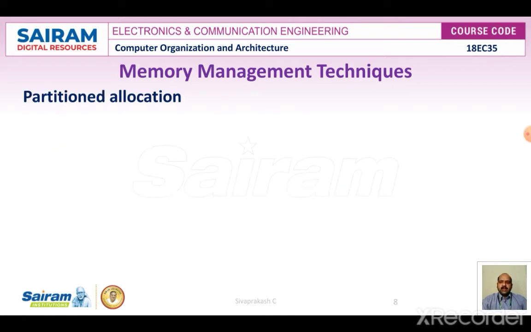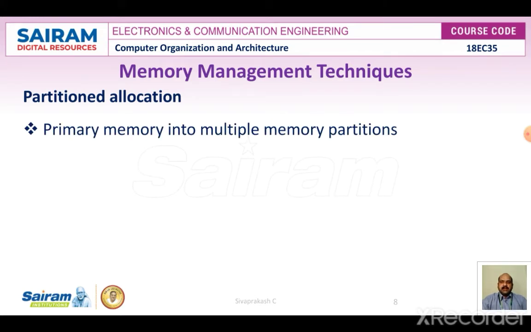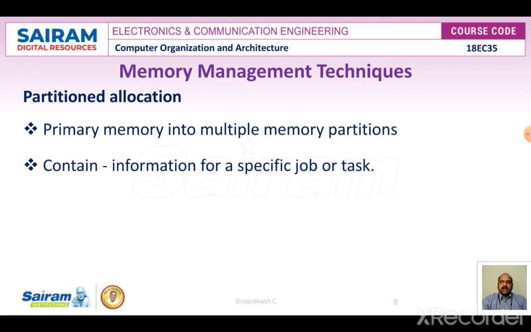The second one, partitioned allocation. What is partitioned allocation? Partitioned allocation divides the primary memory into multiple memory partitions, usually contiguous areas of the memory. Each partition might contain all the information for a specific job or task.